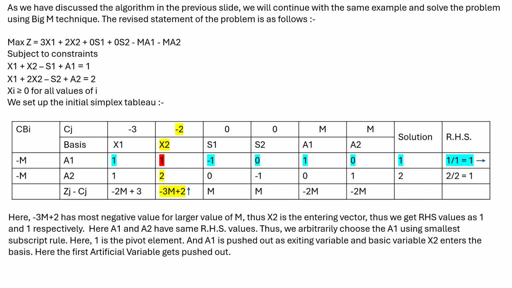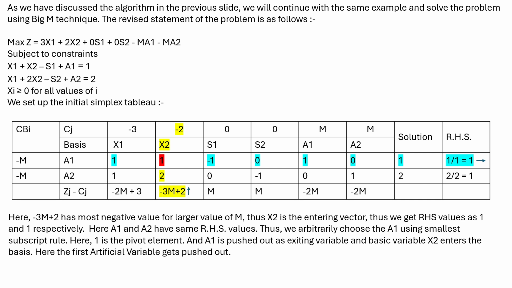If we substitute the value of M as 1 lakh into all these available values of zj minus cj, we will come to know that the value of minus 3M plus 2 is the most negative value, and thus the column which corresponds to the most negative value of zj minus cj is the pivot column.